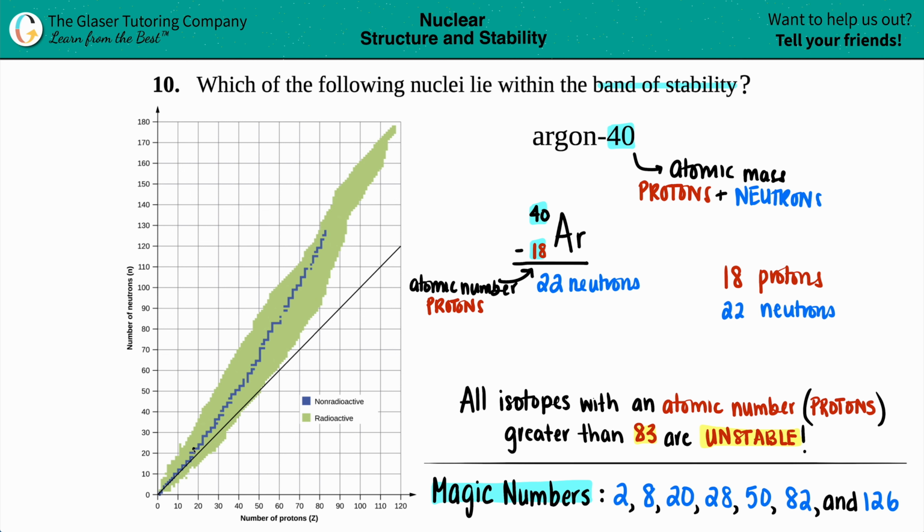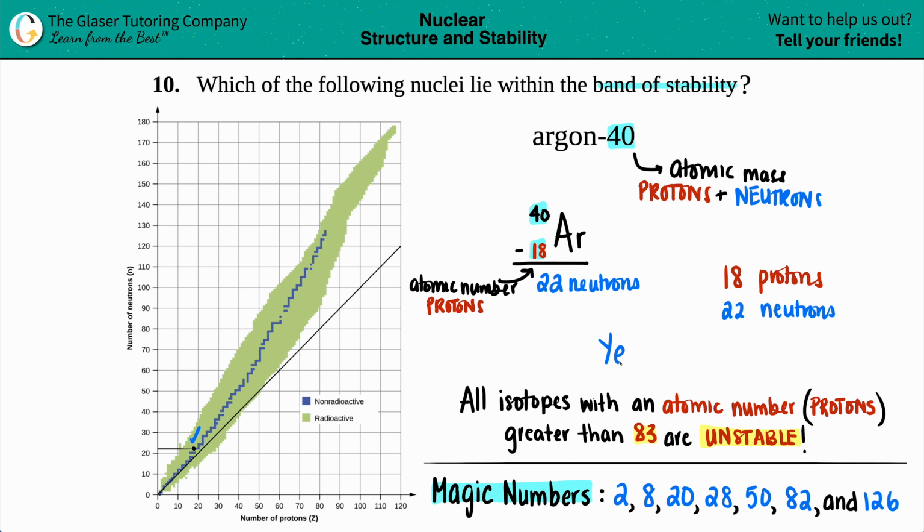This is 18. Now it seems like 18 is stable over here, and it's right up from 20. That's the 22, right? Here's the 20 line, so this one has got to be 22. So it does check out with a blue dot, or a blue line, on the band of stability.